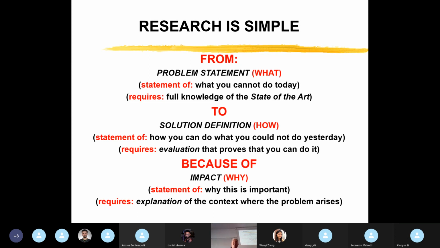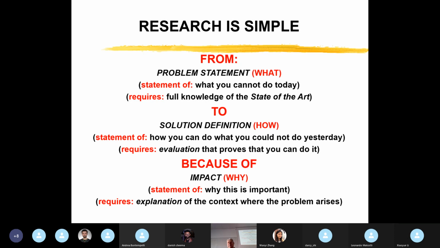Since it is the first time, how do you know that what you're doing is right? Suggestions? So you follow the correct process. You follow the process. So you see, in research, the solution is the process.